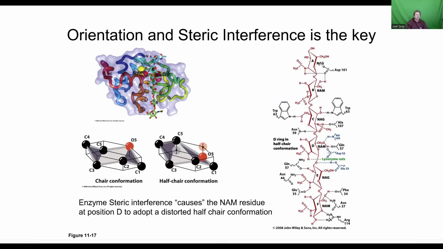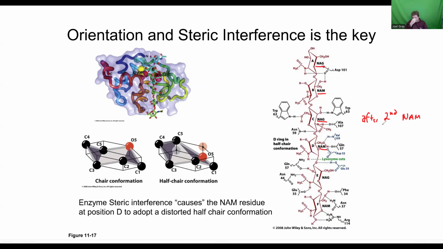Instead, it's going to find the first NAG, and then it's going to find NAG, NAM, NAG, NAM, and after the second NAM, N-acetylmuramate, that is the bond that is going to be broken. And you might think, well, how do I know which the second one is? Well, you would go to the very beginning of that polysaccharide.